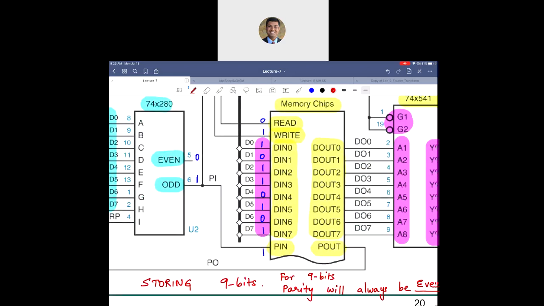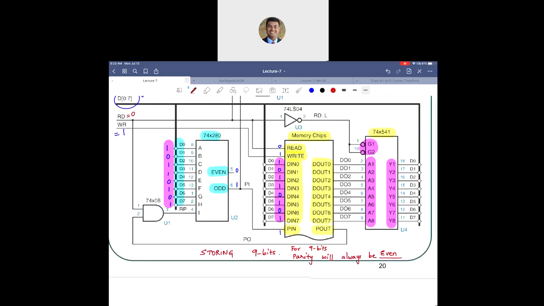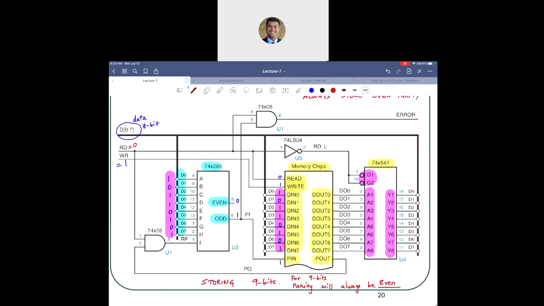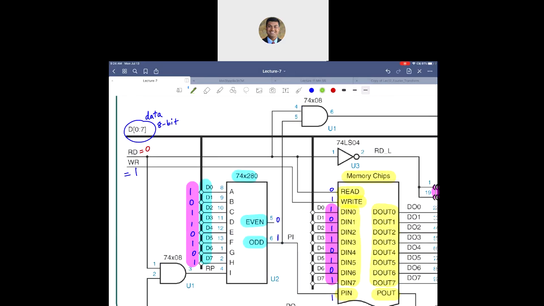All right, now let us see what happens if we are trying to read things out. When we try to read things out, we would need to make an adjustment. So let me make the changes, maybe in green. I wrote things to memory.